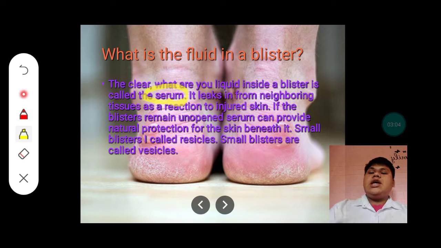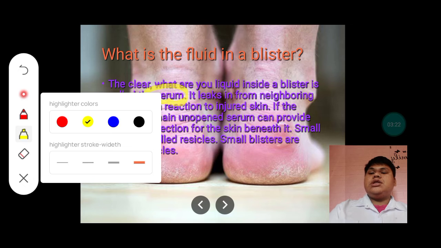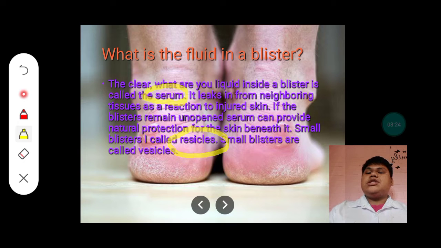It leaks in from neighboring tissues as a reaction to injured skin. If blisters remain unopened, serum can provide natural protection for the skin beneath it. Small blisters are called vesicles. Vesicles ang tawag sa small blisters.